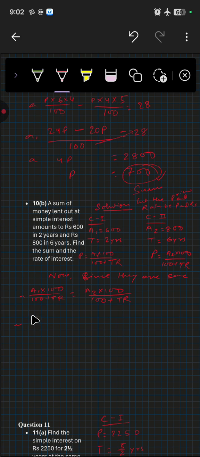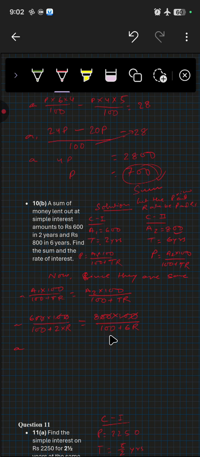Whereas amount 1 is 600 into 100 divided by 100 plus time in the first case is 2 years, 2 into R, R percent only, rate is. So amount 2 is 800 now. Amount 2 over here 800 into 100 divided by 100 plus time, in this case it's 6 years, so it will be 6 into R, and R is R percent only. So let us reduce the top one. 1 1 2 2 3 3 4 4.